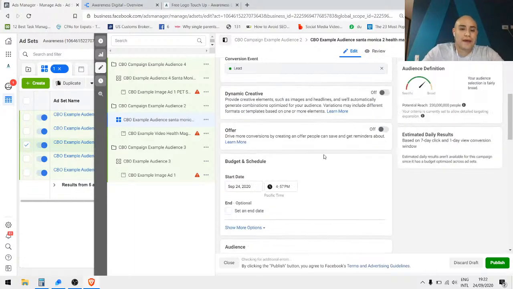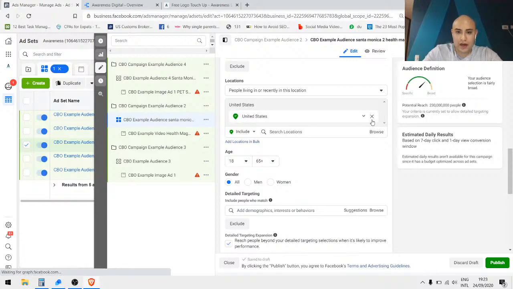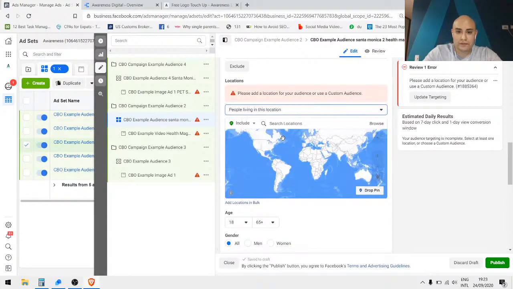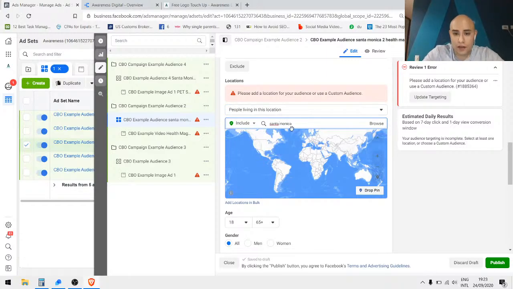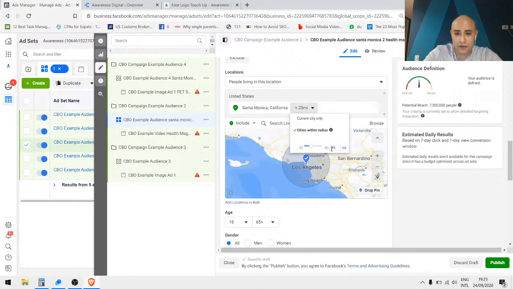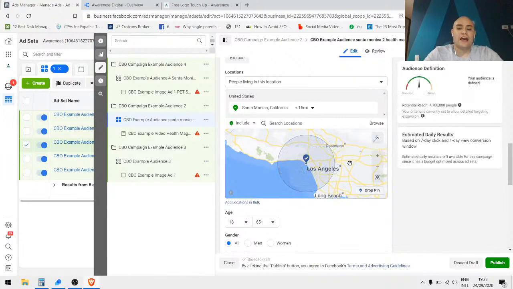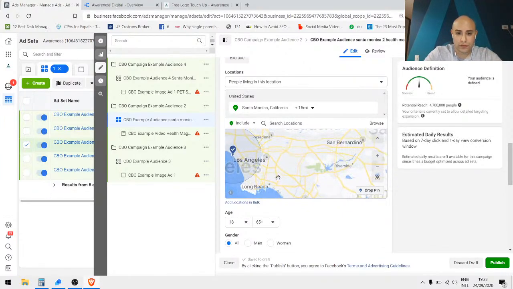So again, we're doing Health Magazine, right? You're going to click that off. People living in this location. And go back to Santa Monica, California. We're going to choose the 15-mile radius again. 15, boom. And then we are going to do women again. Uh-oh, my computer's dying.